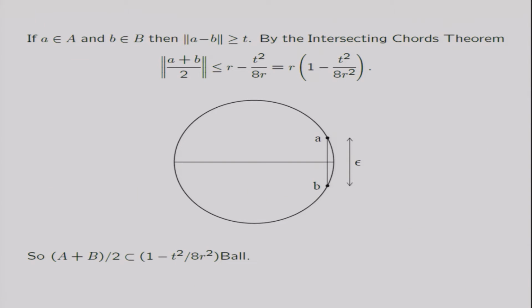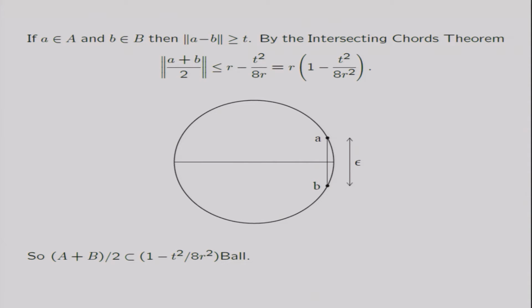I draw a picture, and I accidentally write epsilon instead of t. It's meant to be t. Okay, so these two points are distance t apart. But they're in a ball, and a ball is round. It's very uniformly round, convex. And that means that if you take points a fair way apart and average them, the average gets pulled in from the boundary.